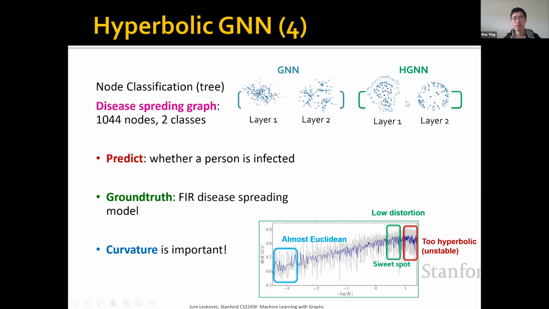Whereas using the hyperbolic GCN, we're able to recover this tree-like structure very nicely, and all the points are embedded in their respective hierarchy. We also discovered that curvature is very important, and there is a sweet spot where we can embed the tree with low distortion, but also very stable, numerically very stable.